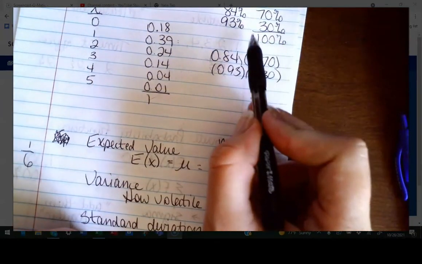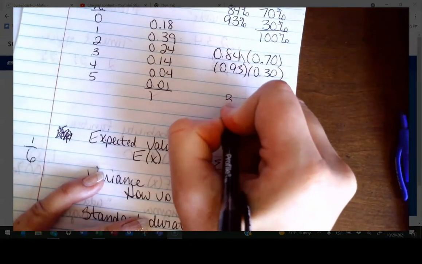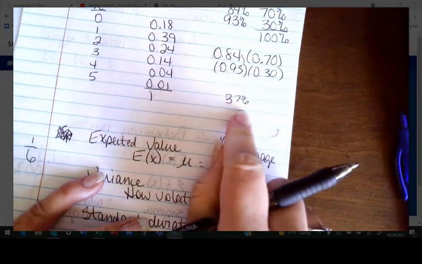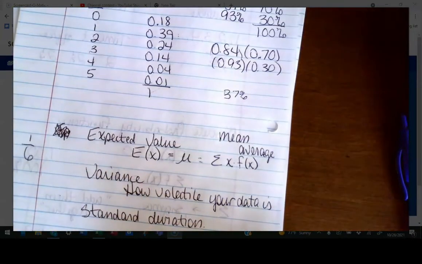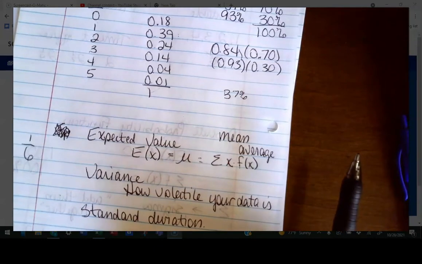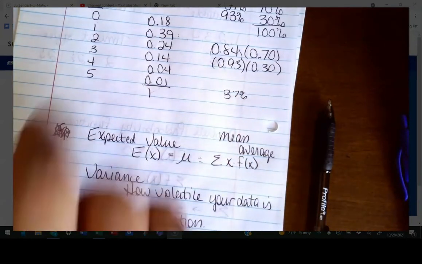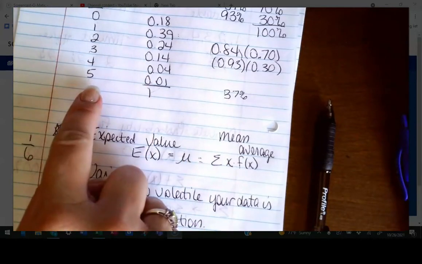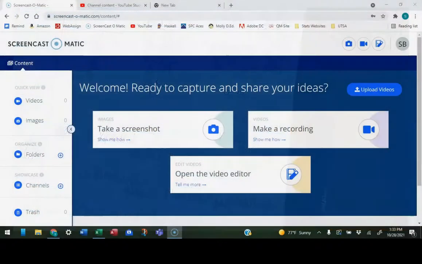If your point of reference is 100% and you end up with a 37%, that number has meaning to you. Variance is a number that's not going to have meaning. It's just a way for us to get to standard deviation, which is a way to measure this stuff in measurable terms.